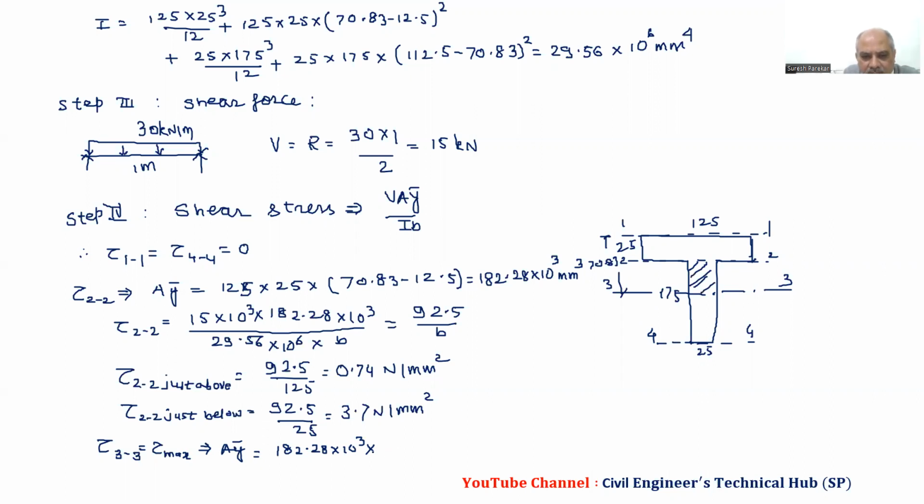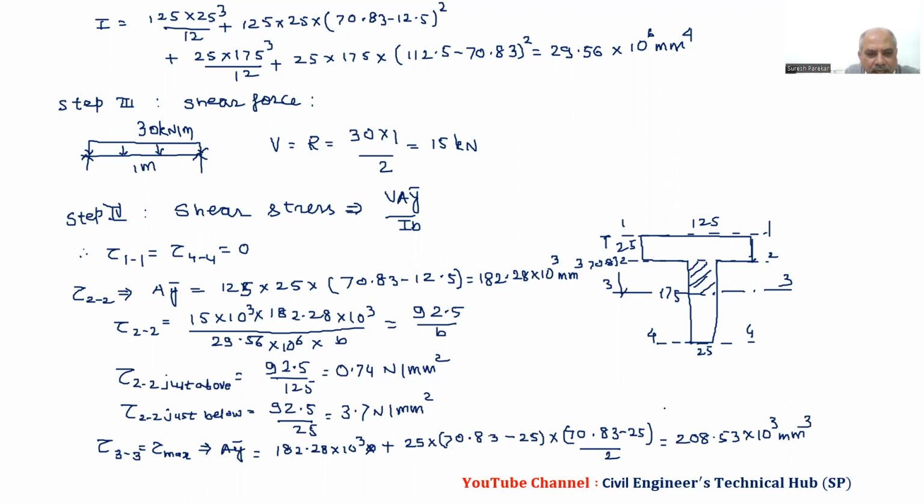So this will be plus 25 into 70.83 minus 25 into the centroidal distance, which will be half of this, upon 2. And we get the value of A Y bar as 208.53 into 10 raised to 3 millimeter cube.